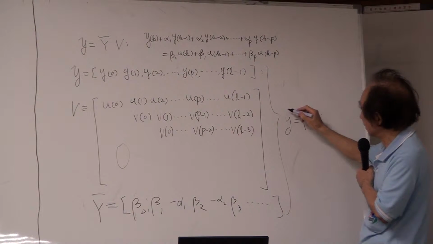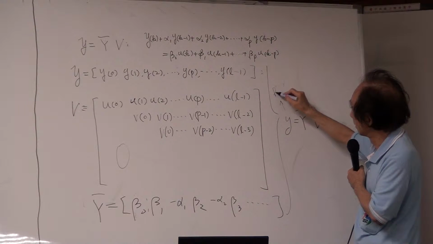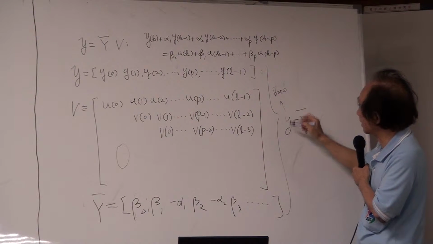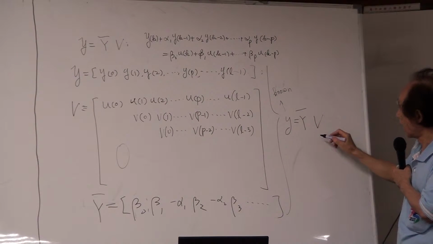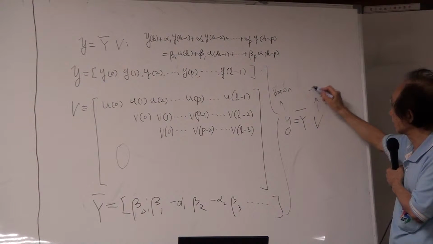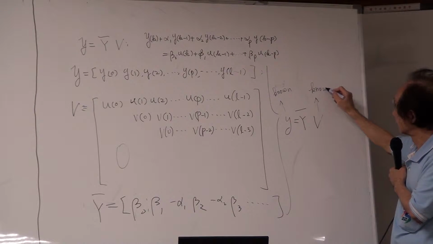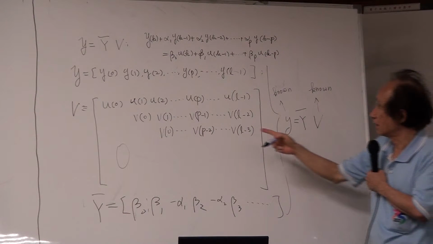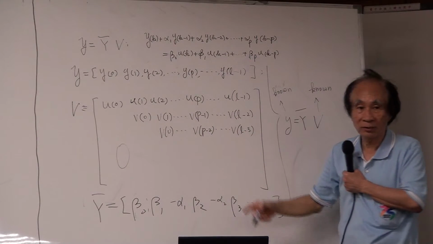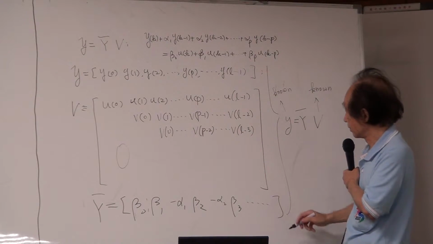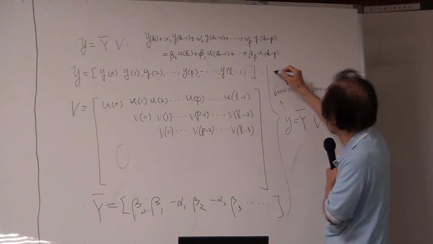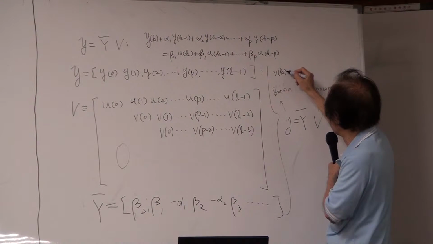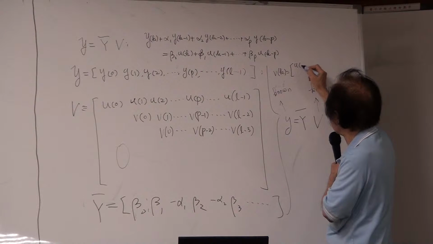Now, this is known because that is nothing but output. That's output. And this also is known because this is nothing but input and output together. Right? Because V here, so let me write vk equal to uk yk.